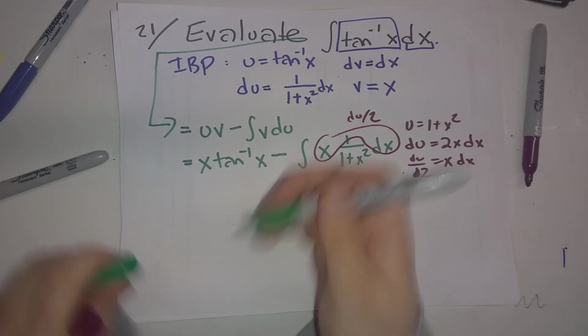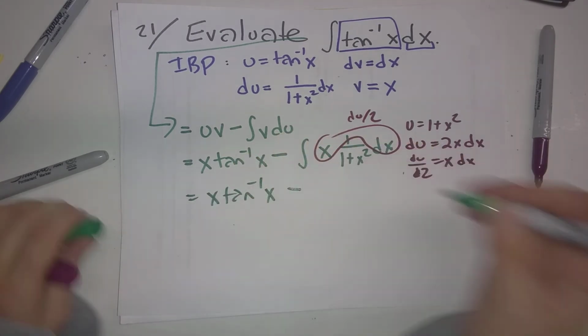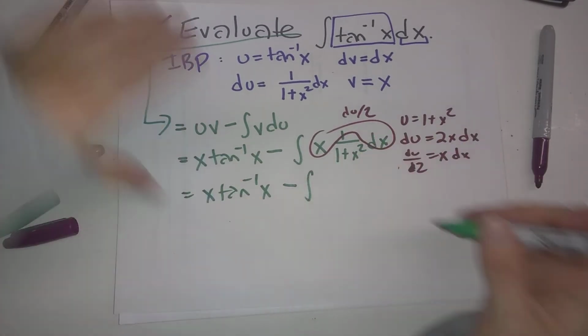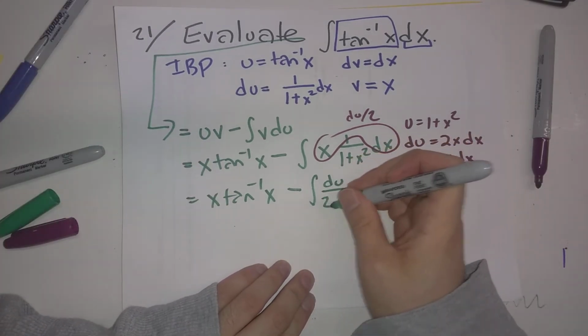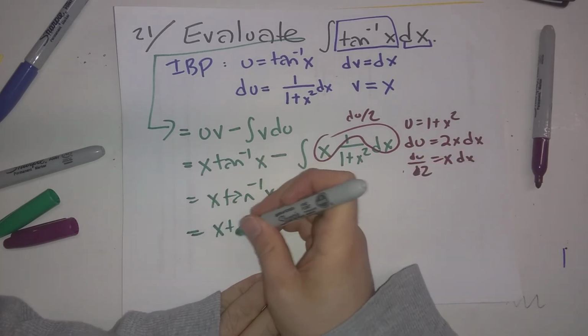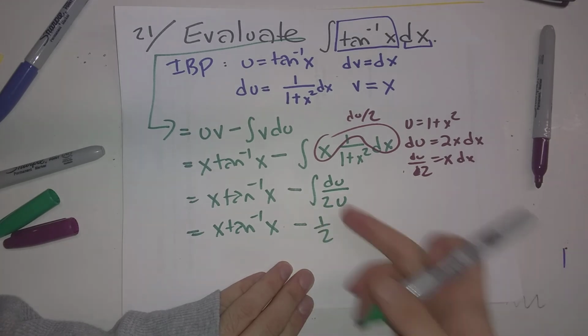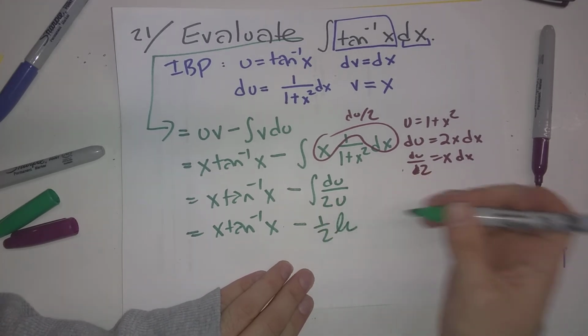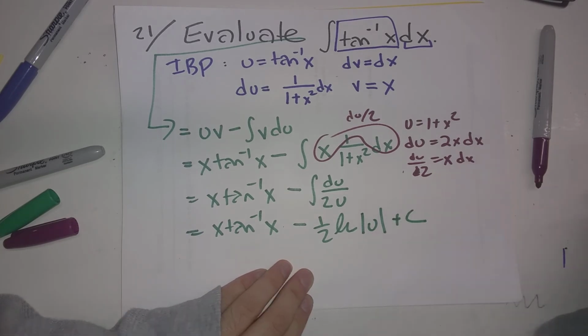So there's du over 2. And so we end up with x arctangent of x minus the integral of du over 2, and then there's also a u downstairs. And so what do we end up with? 1/2 the integral of 1/u is natural log of absolute value of u plus c.